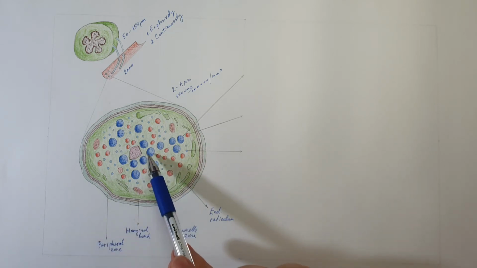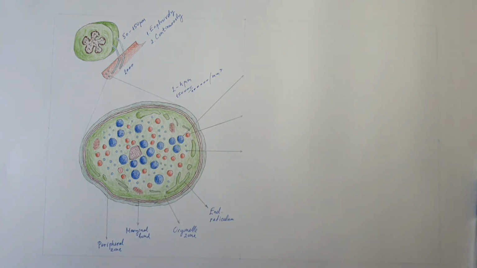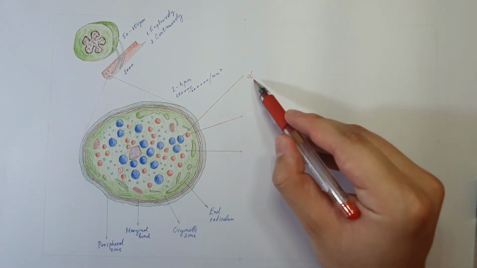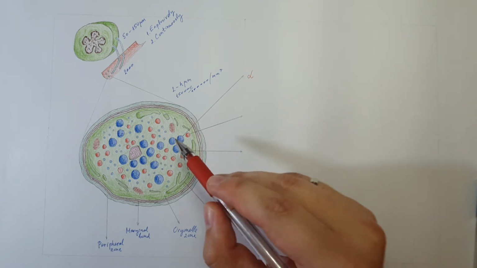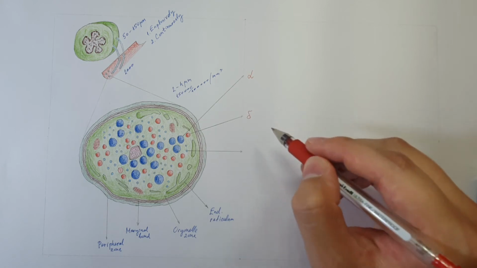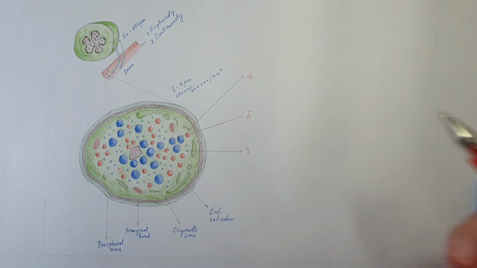The biggest and most numerous are the alpha granules. Then we have delta granules, and we have small lambda granules.